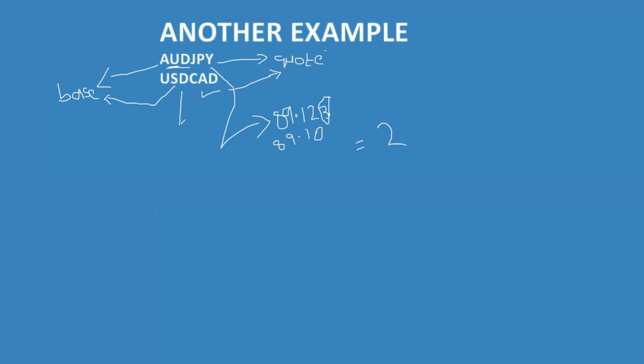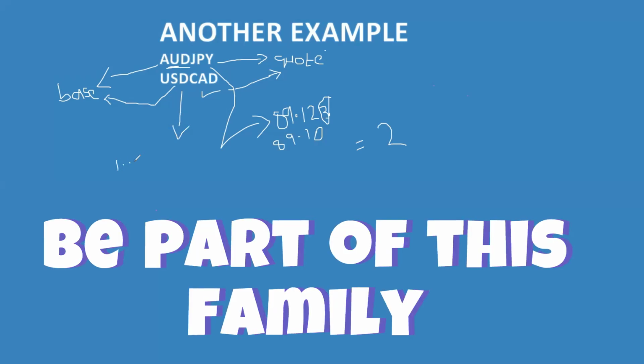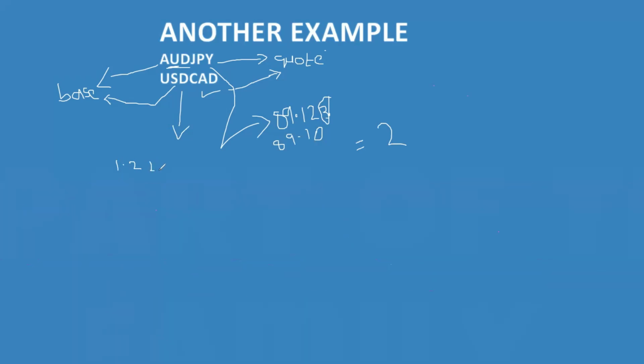It's very simple. For USD CAD, you can do the same thing. If, for instance, USD CAD is 1.2240, let's add the pipette, but let it not confuse you. You sold at that level, and it moves to 1.2200.